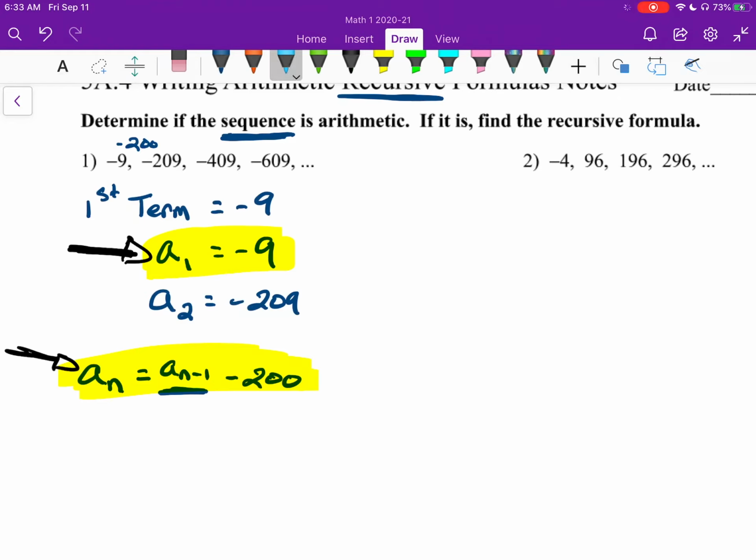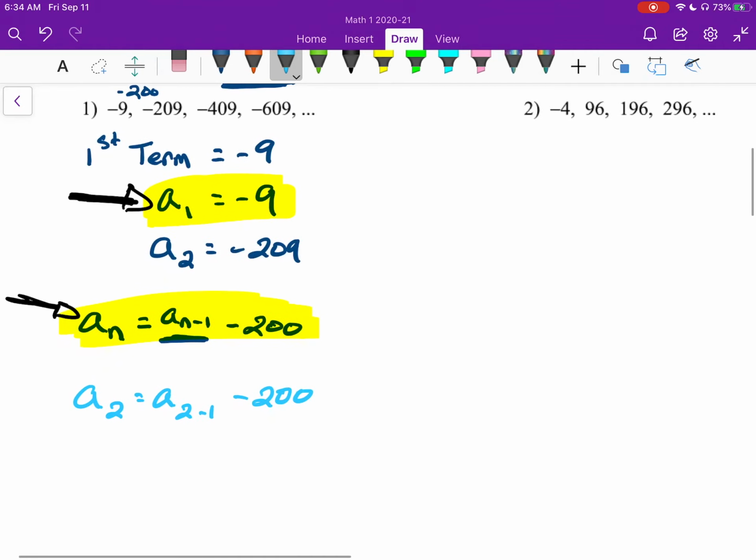Now, just to talk about this a little more, if we wanted to find the second term here, we could just look at the problem, but say we wanted to find it using the formula, we'd be looking for A sub 2. This would be A sub 2 minus 1 minus 200. So 2 minus 1, well, that's 1.